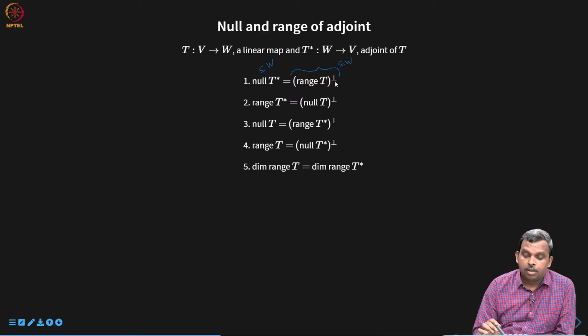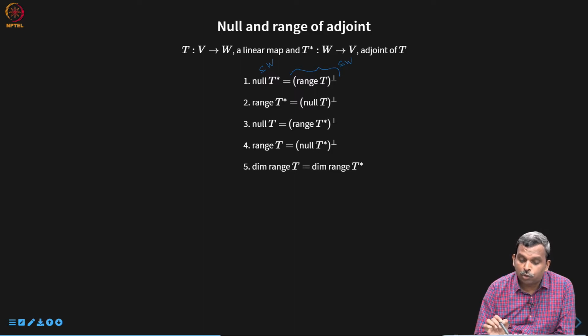If you take complement on both sides, you simply get range T equals null T star complement. Range T complement becomes range T itself, and you get null T star complement. So 4 is actually simply a restatement of 1. Remember, 3 was a restatement of 1, and 4 is also a restatement of 1.